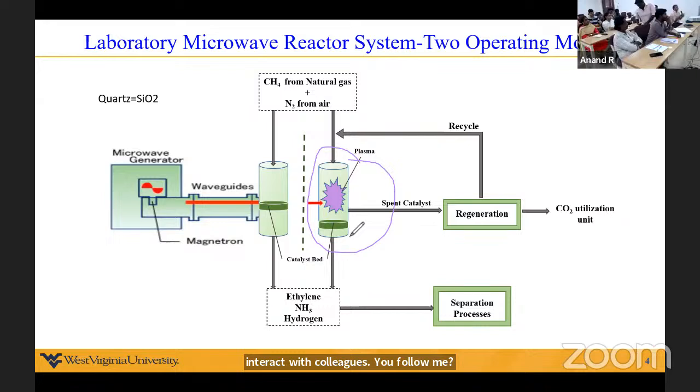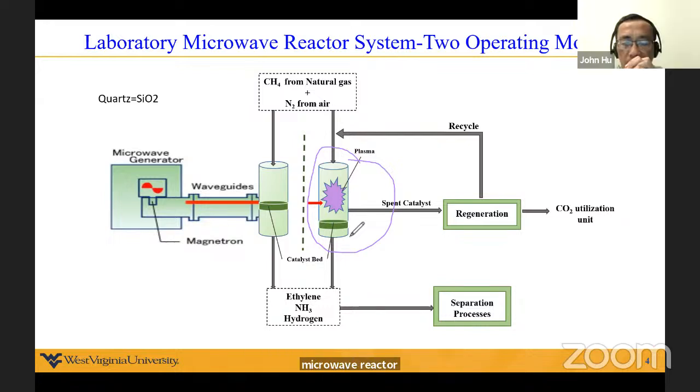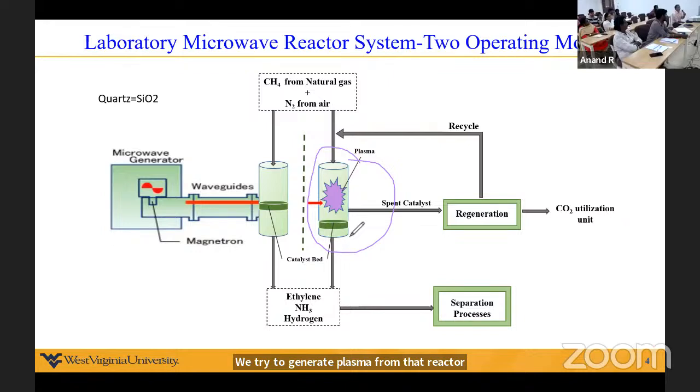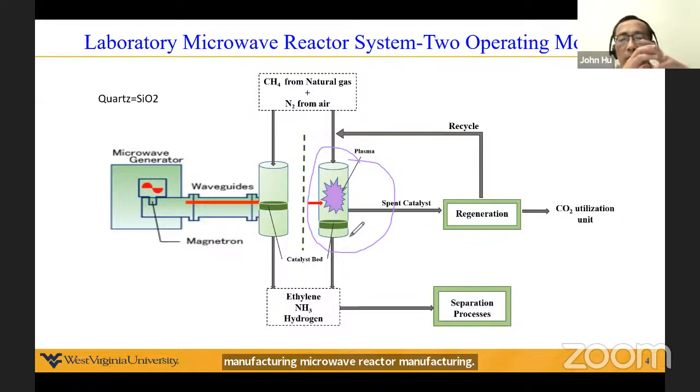I got it, sir. In our laboratory, we have a microwave reactor. We try to generate plasma from that reactor, with Ventas, who are all experts in microwave reactor manufacturing. So what gas do you use to generate plasma?